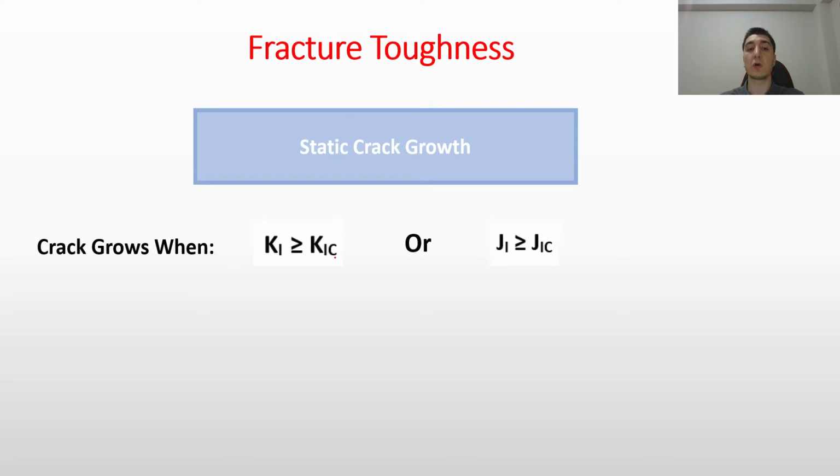Fracture toughness is also known as the critical stress intensity factor. Also we can use the J integral, and this is the same for it. The J integral of mode 1 should be equal to or greater than the critical J integral, and when this happens, cracks start to grow. This is the case.